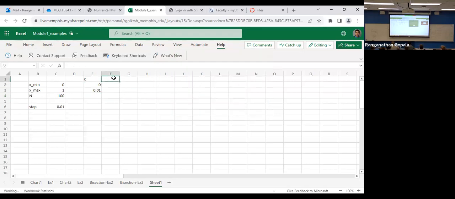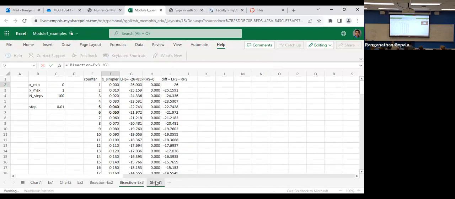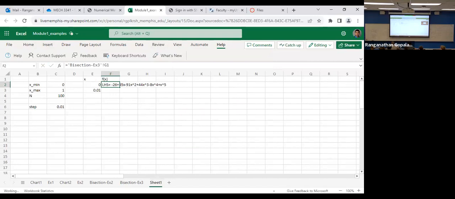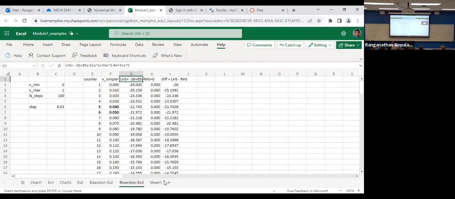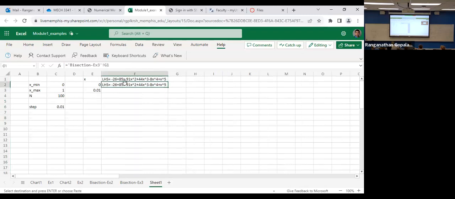All right, anyway, so you have x, and then you want to compute f of x. How do you compute f of x? You type in the formula or the large function I had, which I'll copy from my previous sheet. All right, can you punch in this formula?